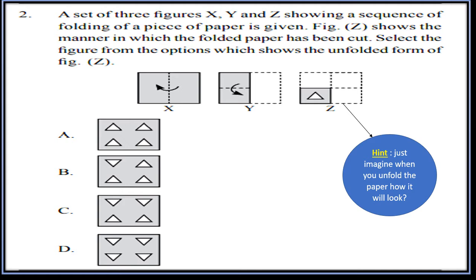Now you have to choose from option A, B, C, D what will be the unfolded form of figure Z. So you have to imagine when you open the paper in figure Z how it will look.